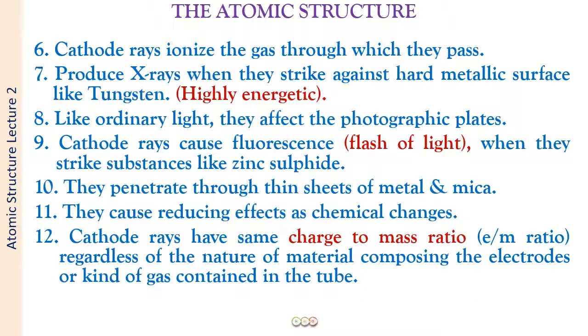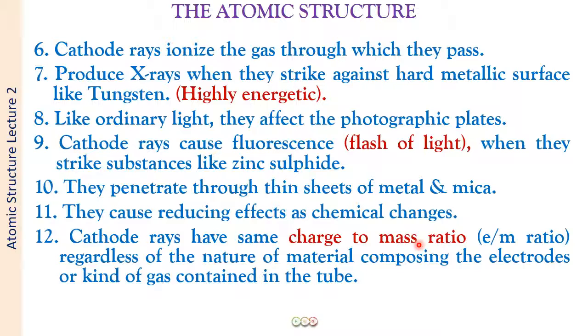And a very important thing, that the cathode rays have the same charge to mass ratio, which is denoted by the e/m ratio. So whatever the nature of the electrode was, whatever the nature of the gas which we had taken in the tube, the cathode rays had the same charge to mass ratio, and this was calculated by Sir J.J. Thomson in one of his experiments, which we are going to do just now.